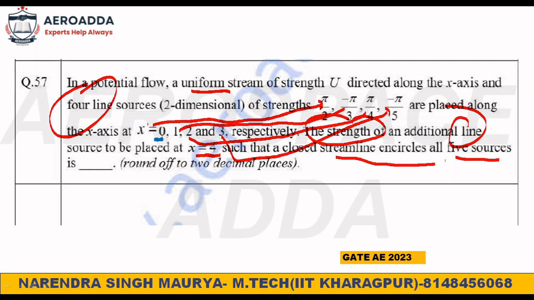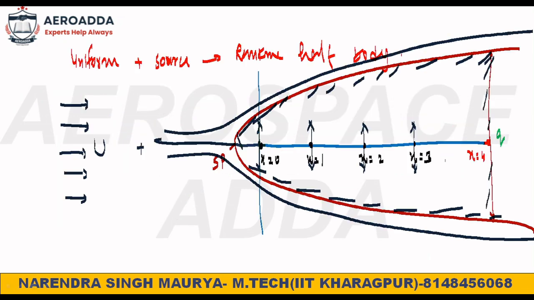Now one property you have to use. What is that property? That is the strength of source, because whatever the net sum of the strength of sources inside this streamline, it is not going to cross this solid wall, because this is just like a solid wall.